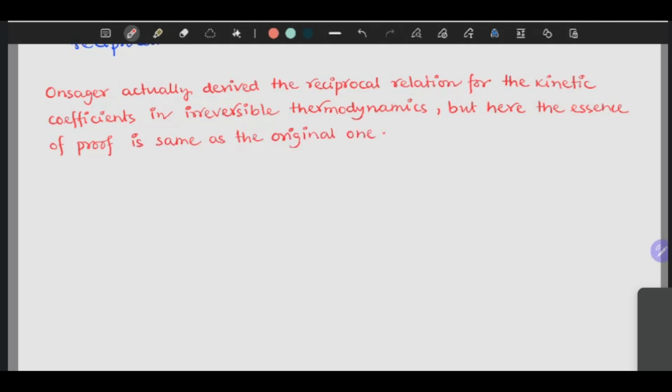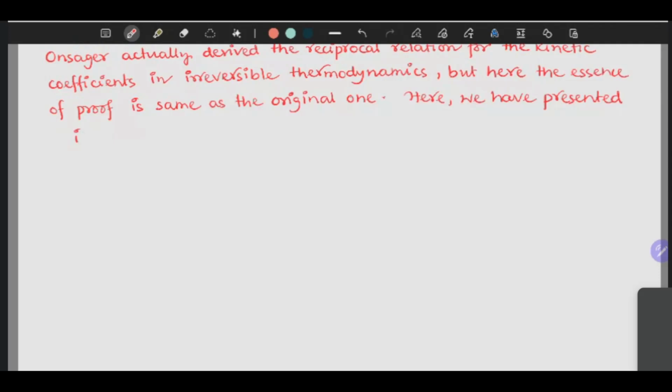What we did is that here we have presented it in a form adapted to Brownian particles. Okay, so that is what we are doing here.